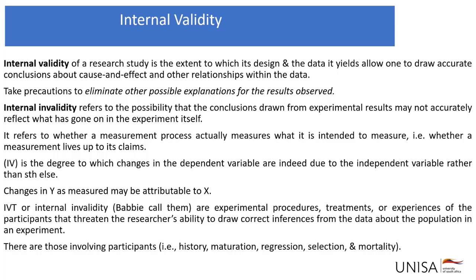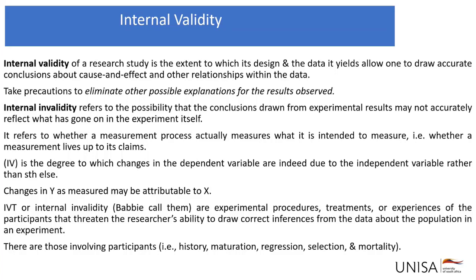Once we can establish that as a result of nutrition, your performance has improved and there's nothing else other than that, you have achieved internal validity. It could well be that we've got doubts that it is not only nutrition, but other factors that could have led to your performance improving, then there is an internal invalidity.